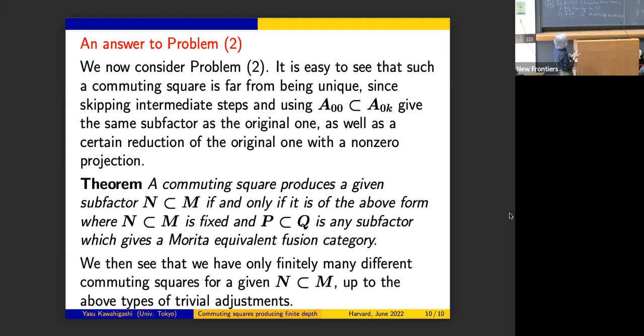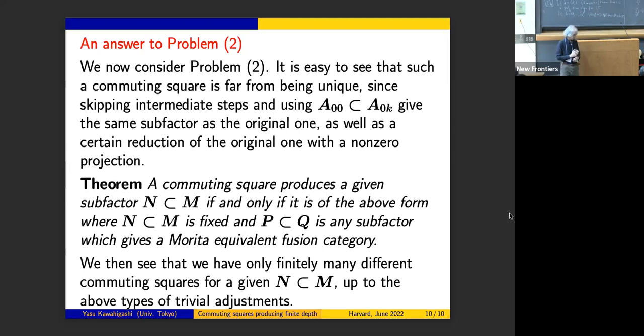Another kind of trivial operation is reduction by a non-degenerate projection. We have an initial commuting square, then we cut everything by a non-degenerate projection P. Then it's easy to see that this cutting doesn't change the resulting subfactor at all.